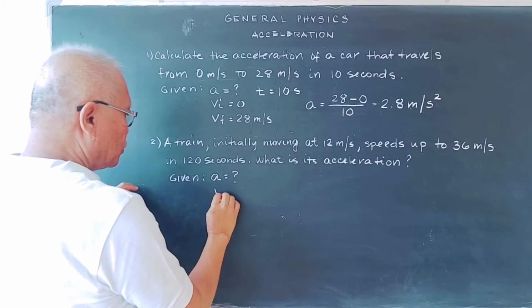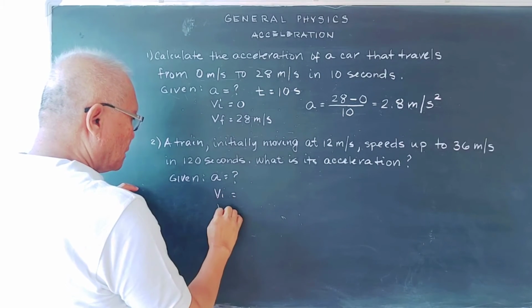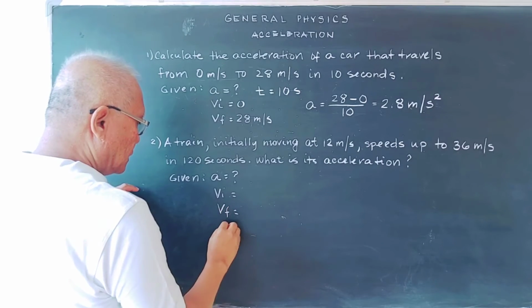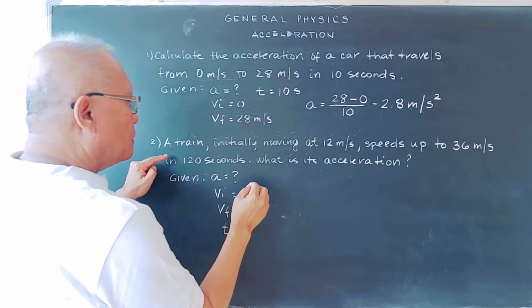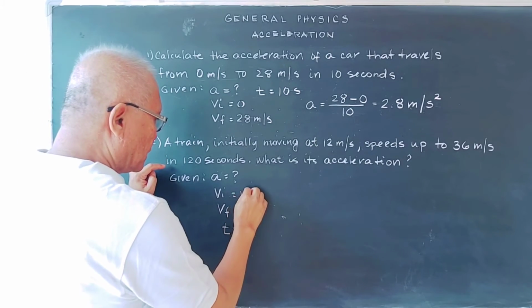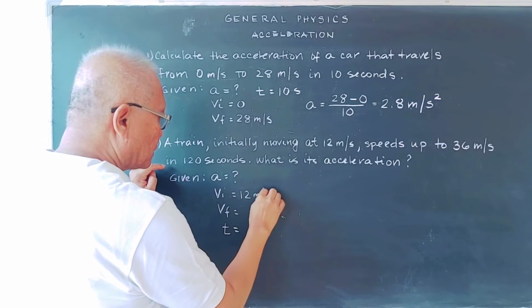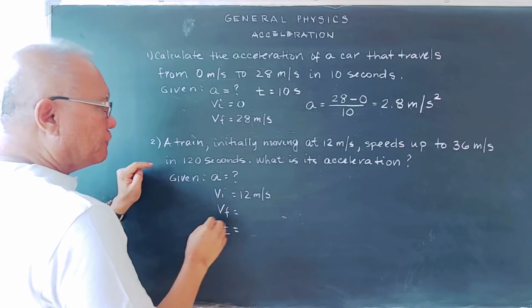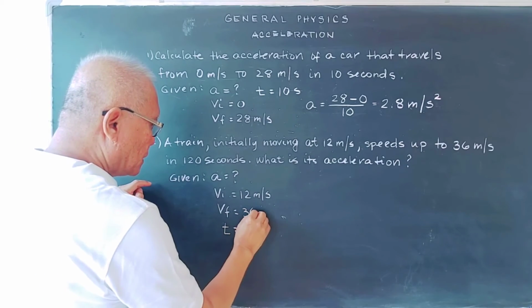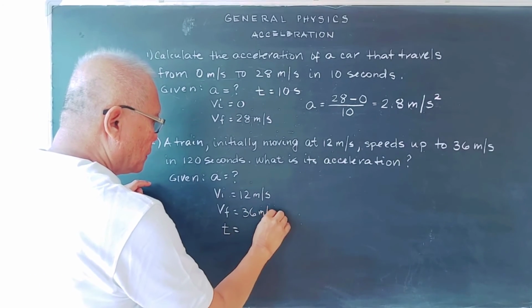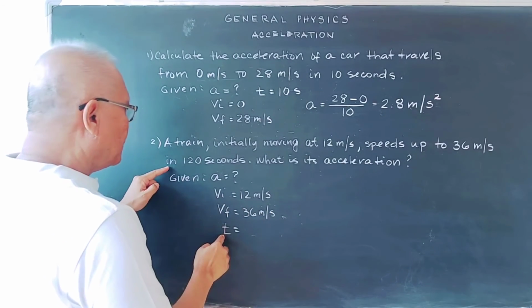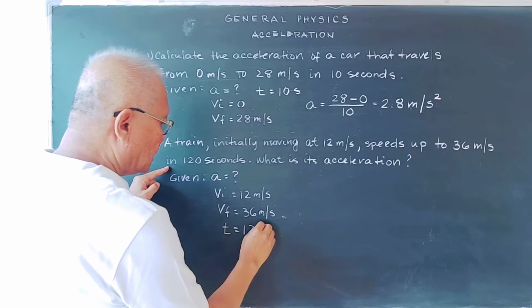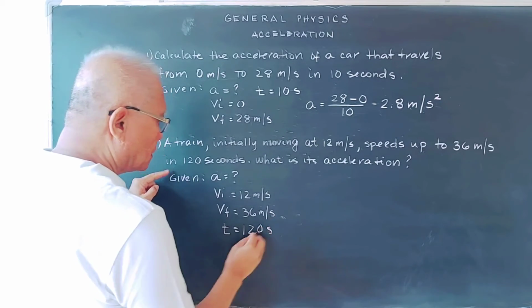So we have the initial, the final, and the time. 12 is initial, 12 meter per second. VF is 36 meter per second, the same because they are velocities. And time is 120 seconds here.